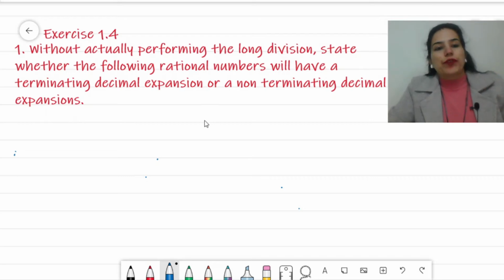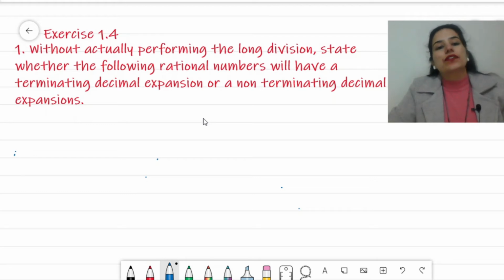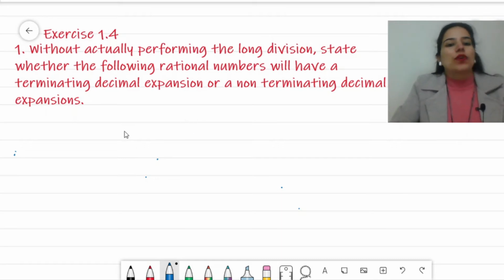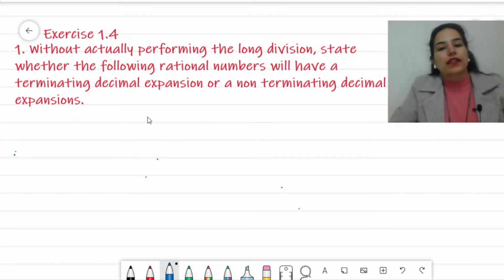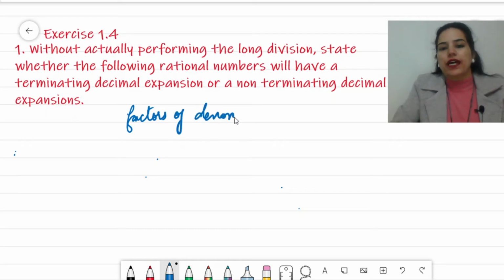Now exercise 1.4, where without performing the long division, we have to state whether the given rational numbers have a terminating decimal expansion or a non-terminating decimal expansion. Now what is the criterion or method used to recognize it? First, we will find the factors of the denominator, since that is what the numerator will be divided by.